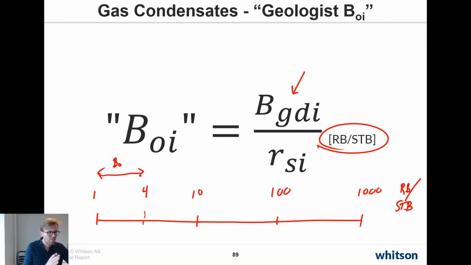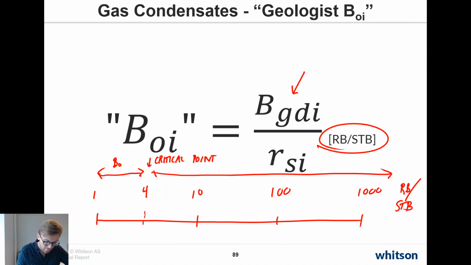So at 4 we're very, very close to the critical point. A formation volume factor of 4 would be very close to critical for an oil. And then it would transition, let's just say this is the critical point, such that to the right of this particular curve we'll have a gas phase. So this is actually a continuous curve where the values that we typically have for BGD over this little rs would, in this particular case, start at 4 and then go up and onwards right here.